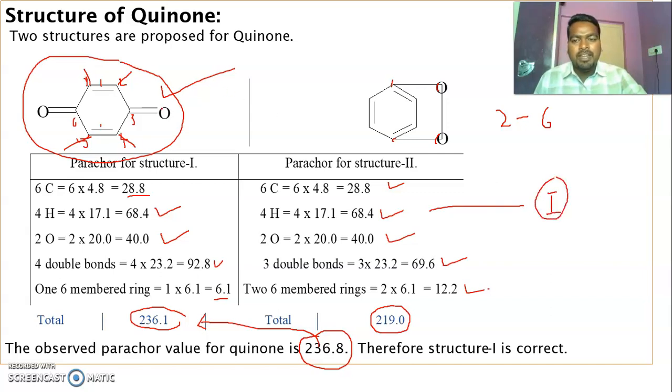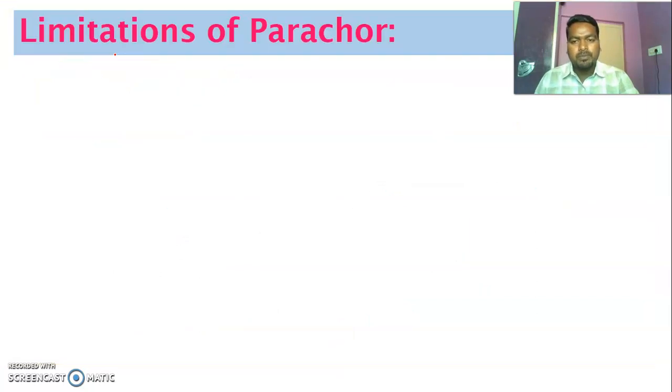Then practically we identified the Parachor value by knowing its surface tension and density. There we found 236.8. So from this we can confirm that the practical value coincides with the theoretical value of the first structure. That's why the first one is the structure of quinone.